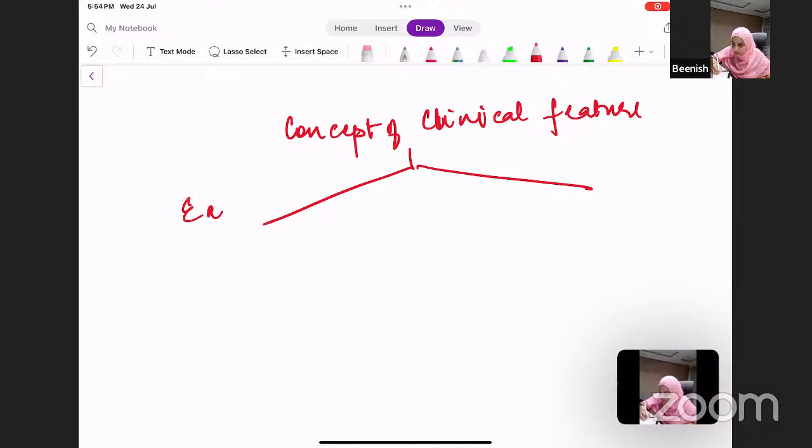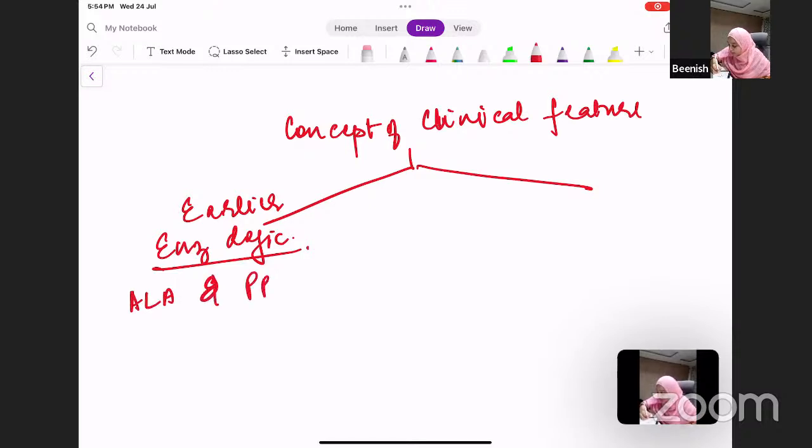So if those early enzymes are deficient, then what is going to accumulate? Your ALA and your PBG, that is porphobilinogen, are going to accumulate, and there will be no photosensitivity.